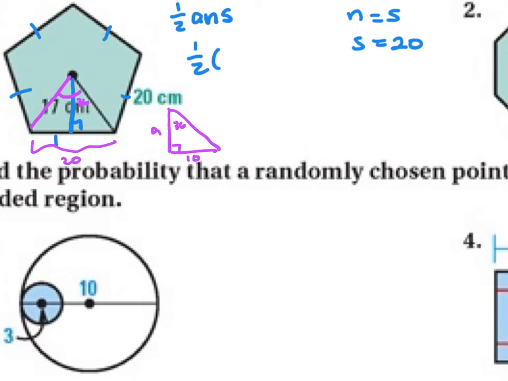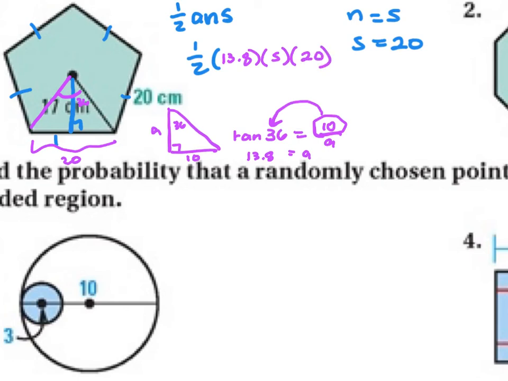I have to use tangent. So the tangent of 36 is 10 over A. And then remember, in the numbers in the top, we take the top number and divide it by the tangent. So 10 divided by tangent 36 gives me A, which is the apothem, 13.8 rounded. Number of sides is 5. Length of each side is 20.